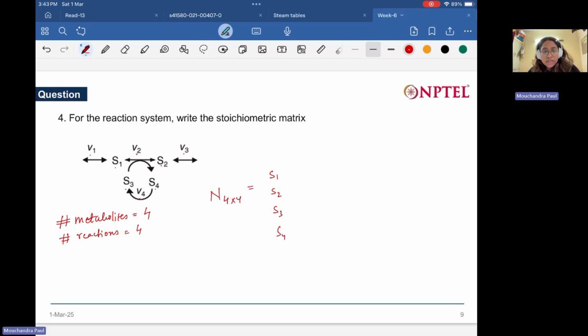So why I'm writing the name of the metabolites as the first row and then as the first column, and then the reaction number on the top of the matrix? This just helps us to visualize and stay on track with filling up the stoichiometric matrix. If you can visualize it and don't need to write it, then also it's fine.